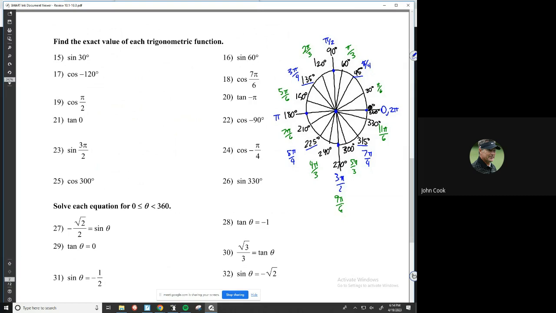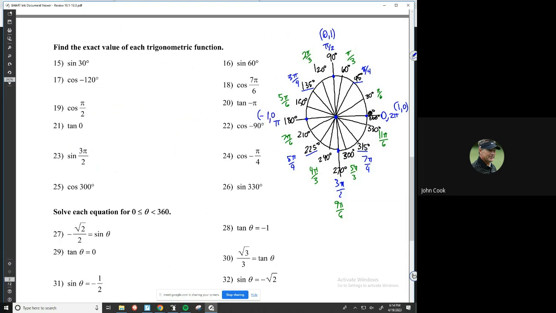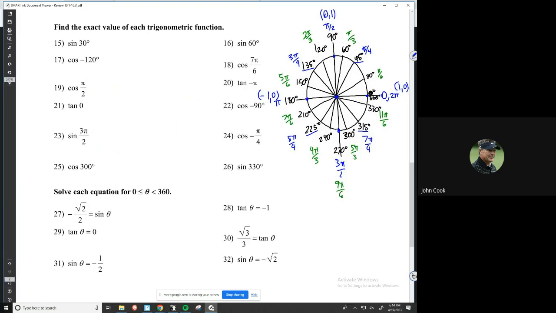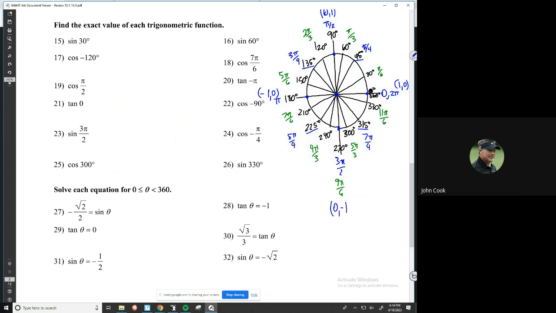So if I start at the origin, I go to the right 1 and up 0. That'd be 1, 0. And if I go up 1, that'll be 0, 1. If I go over to the left 1, that would be -1, 0. And then if I go down by 1, that would be 0, -1. So that's how I like to start it out.